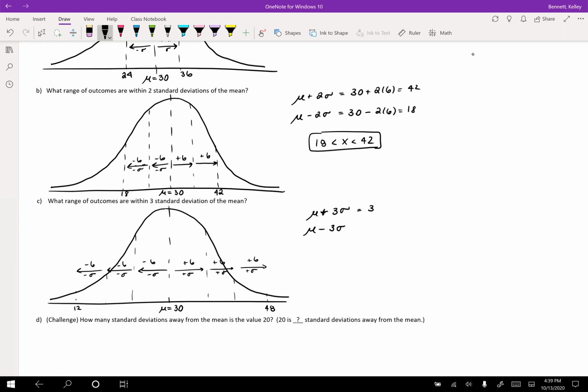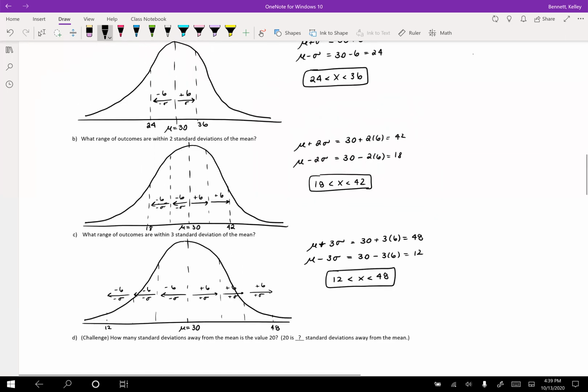So that's going to be 30 plus 3 times 6, which gives me 48, and I'm going to the left. So the range from 12 to 48 represents being within 3 standard deviations of the mean.